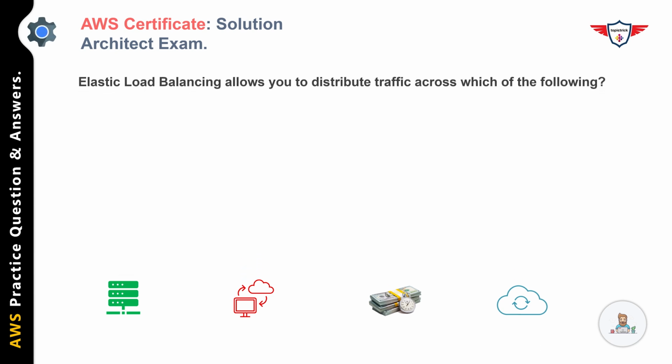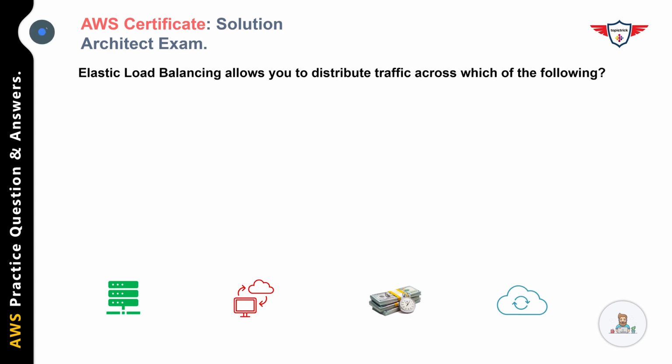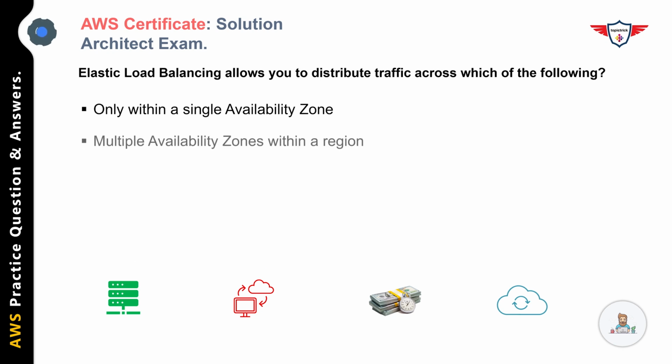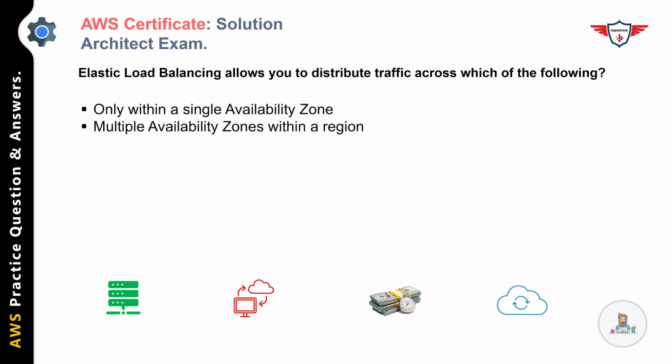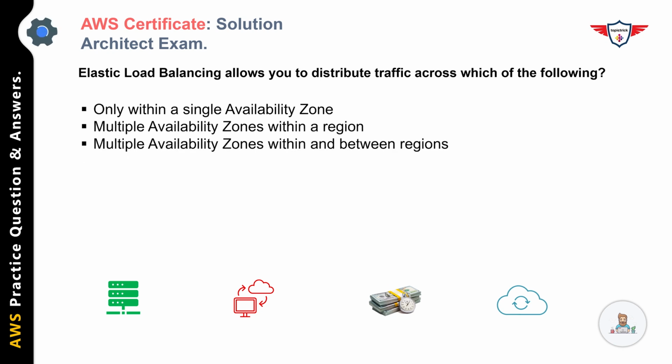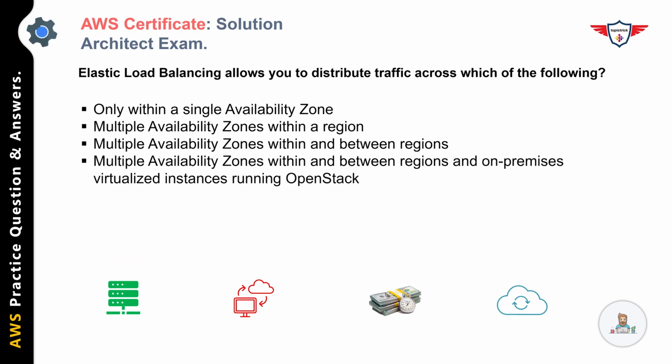Elastic Load Balancing allows you to distribute traffic across which of the following? Your options are only within a single availability zone, multiple availability zones within a region, multiple availability zones within and between regions, multiple availability zones within and between regions, and an on-premise virtualized instance running OpenStack.